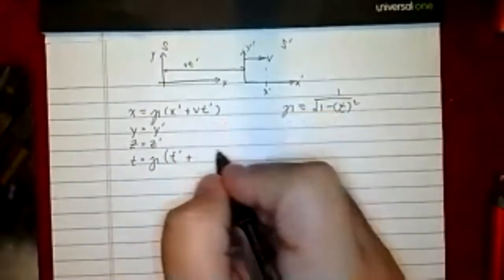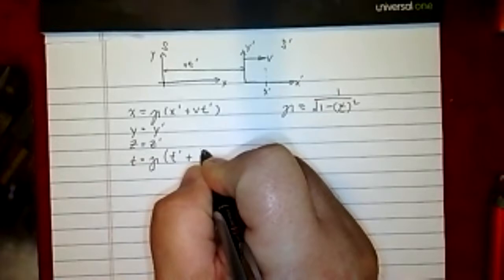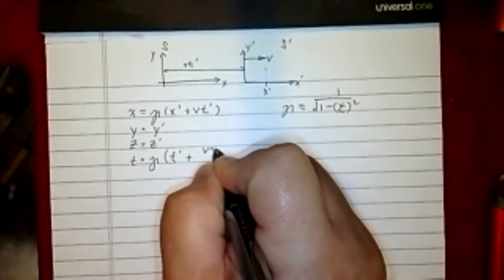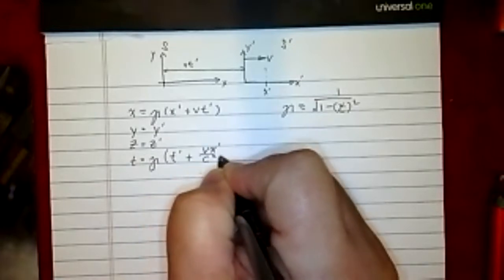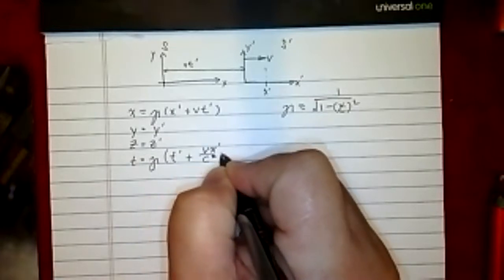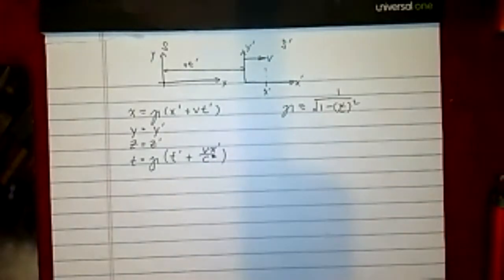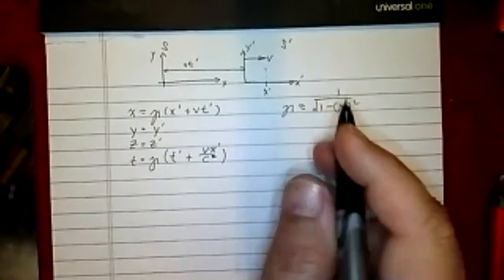To account for what we observe, we have to have v times x prime over c squared.